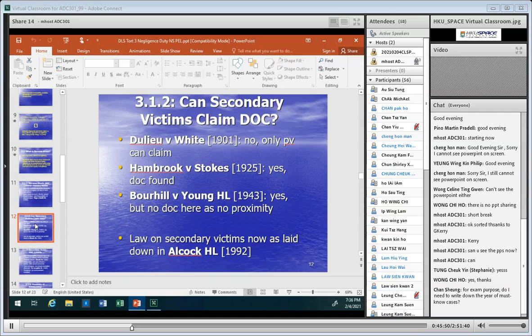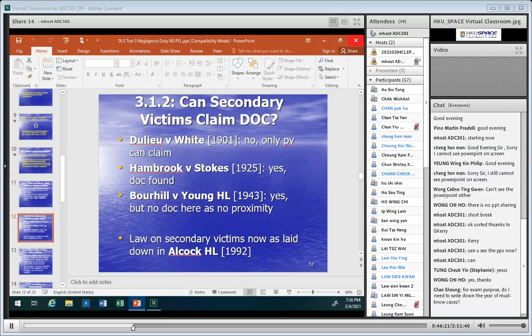Dulieu and White says only primary victims are owed a duty of care in nervous shock. So, I mean, that's a long time ago, 1901, so the law was a bit tough because medical science didn't really recognise mental illness as much as they do today. Okay, so Dulieu and White on page 72, history, they were pretty tough.